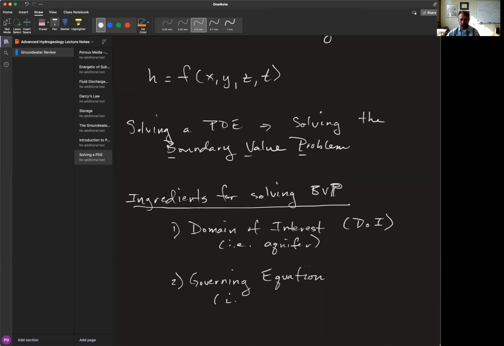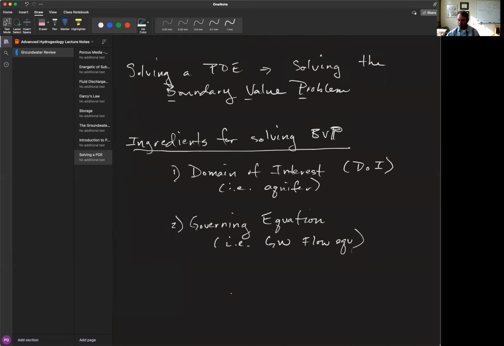So, for example, the groundwater flow equation that we discussed at the beginning of this lecture. If we need to simulate three-dimensional, fully saturated, transient groundwater flow, then this groundwater flow equation will work for us. The important thing is that the governing equation encompasses the physics we need to properly simulate our setting and answer the question that we are after.